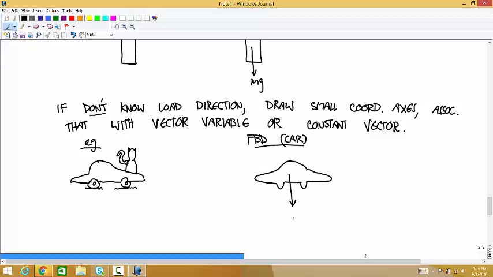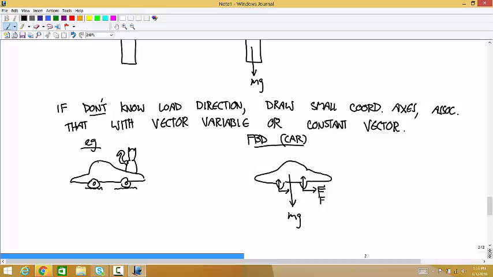There's the weight. And then if we assume that we don't know anything about the type of force that the ground's applying to the wheels or the cat's applying to the hood, we would write this as coordinate axes associated with F. I'll call that F for front.